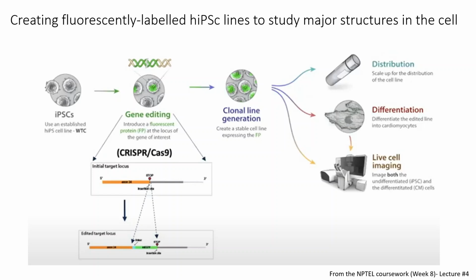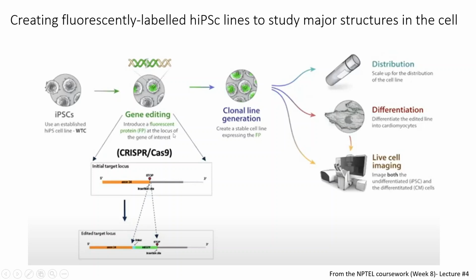the mitochondria, okay, and I want to look at some mitochondrial membrane. So some mitochondrial membrane protein, I want to label it with a fluorescent protein so that I can look at the mitochondria under the microscope and see it fluorescently labeled, right? So wherever the gene of this protein in the mitochondrial membrane is, there I want to introduce a fluorescent protein that will express alongside the mitochondrial protein.